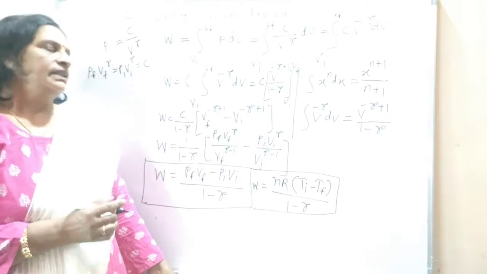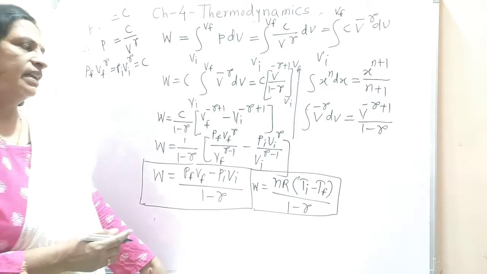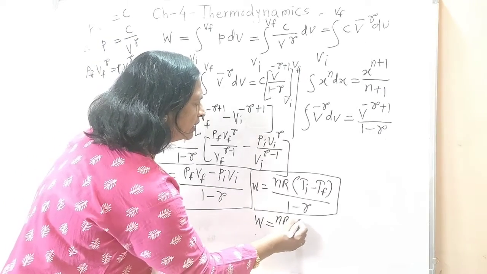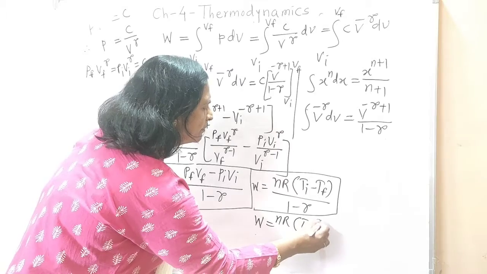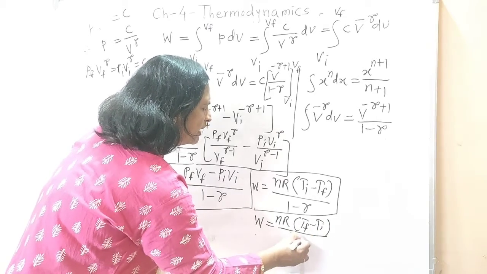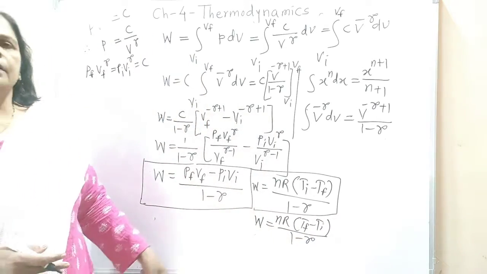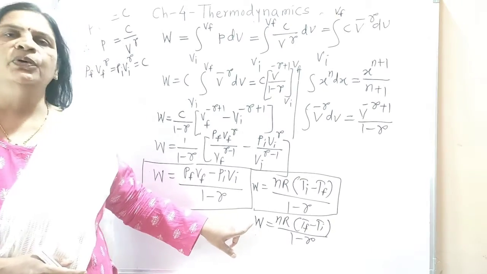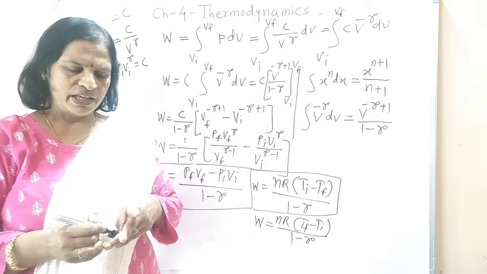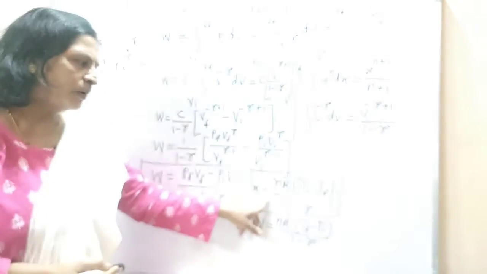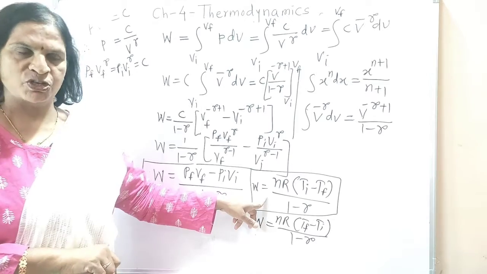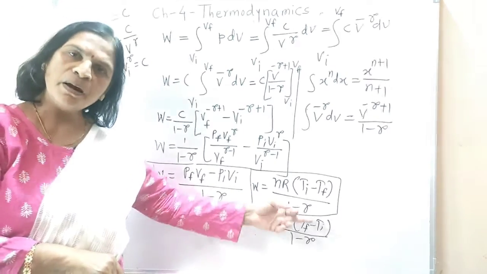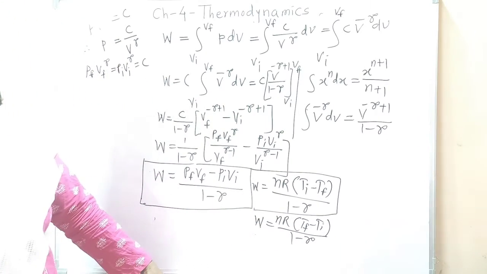Okay. If adiabatic compression is there, then work done is equal to nR Tf minus Ti divided by 1 minus gamma, because in adiabatic compression work done is negative. Okay, and therefore this is the formula for adiabatic expansion, where work done is positive, and this is the formula for adiabatic compression, when work done is negative.